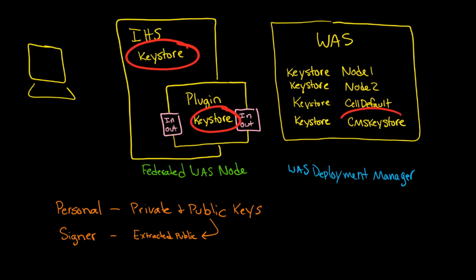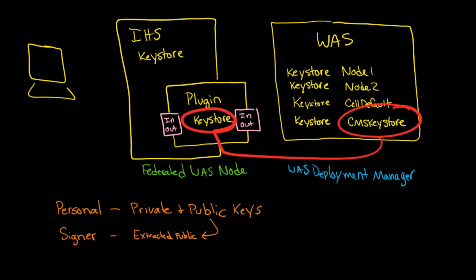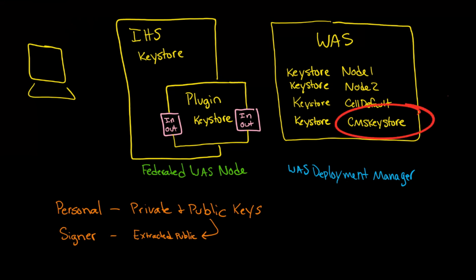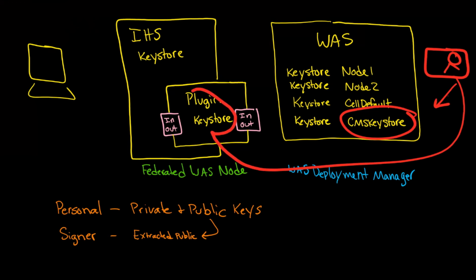And then lastly, in the case of WAS here, there's a CMS keystore, and this keystore actually refers to this keystore here. Now why would it do that? Well, the idea is that if you add a new certificate here, which of course contains the public key of whatever it is that you're trying to add, this same certificate will be copied into the keystore in the plugin.